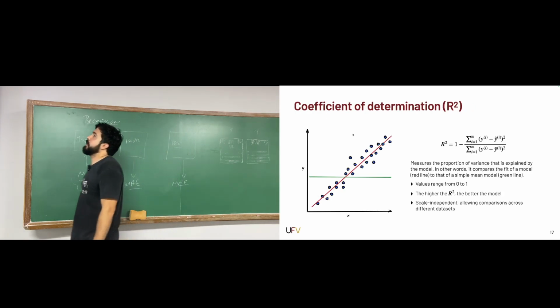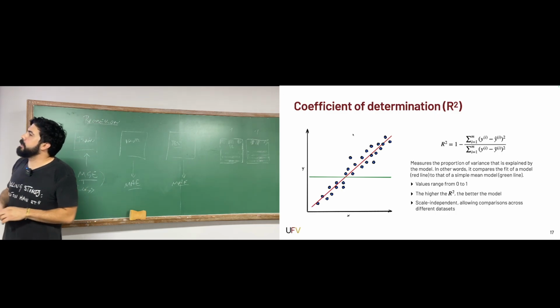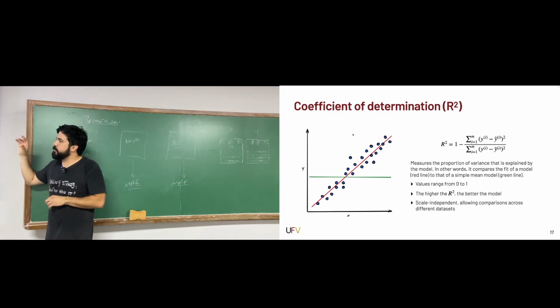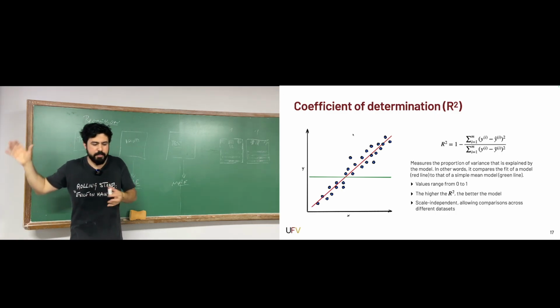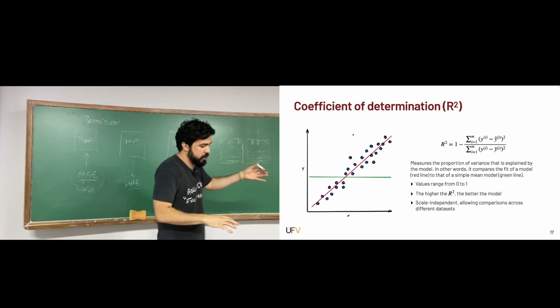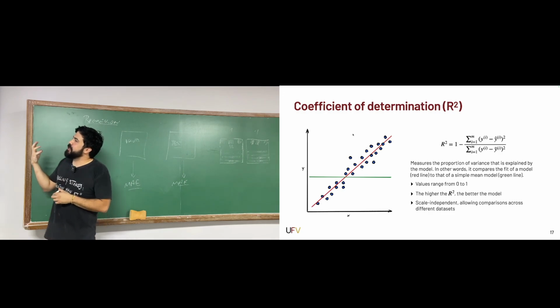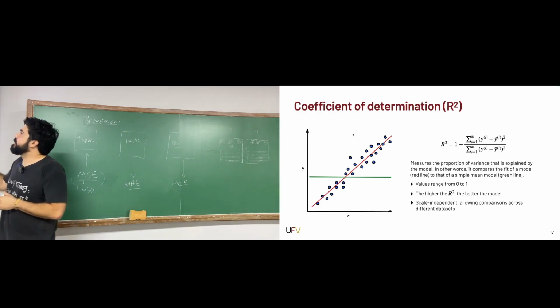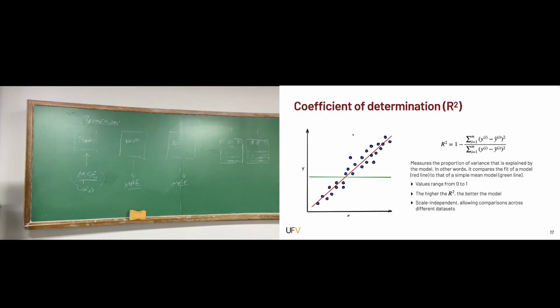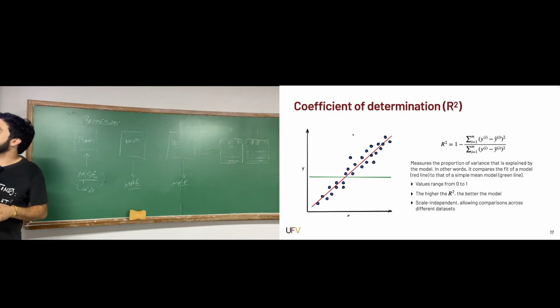So the R-squared metric, I made these specific slides just because we haven't talked about it, and it's a considerably different metric. It's very interesting because, as I mentioned, the intuition here is, look at this figure here.